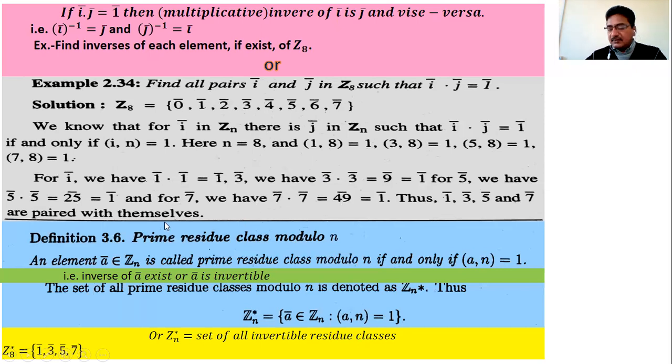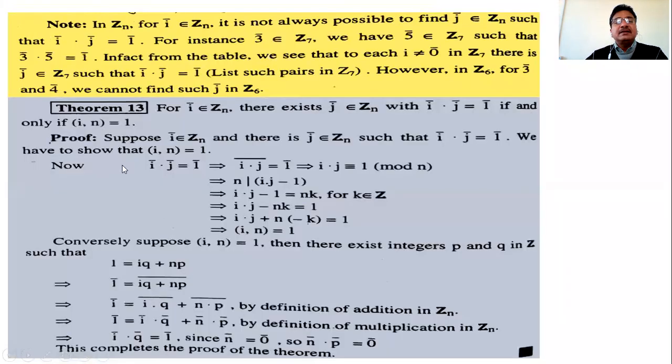So the inverse of I bar in Zn exists if the greatest common divisor of I and N is 1. This is the theorem. For I bar in Zn, there exists J bar in Zn with I bar times J bar equal to 1 bar, meaning J bar is the inverse of I bar, if and only if the greatest common divisor of I and N is 1.